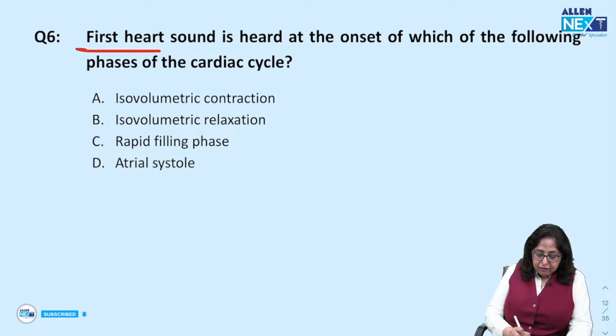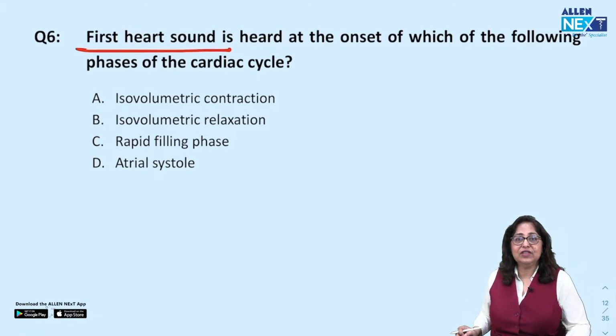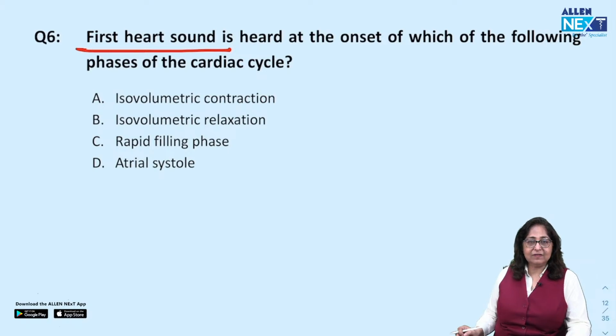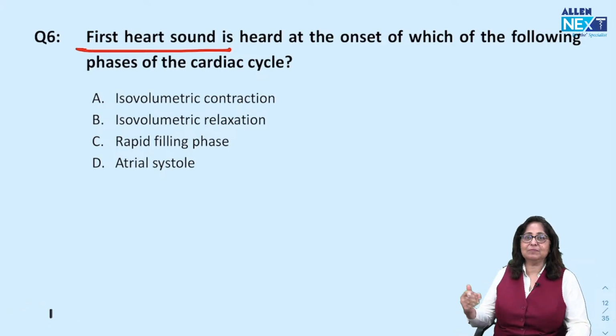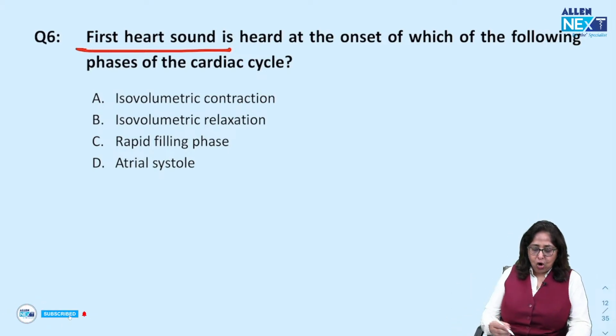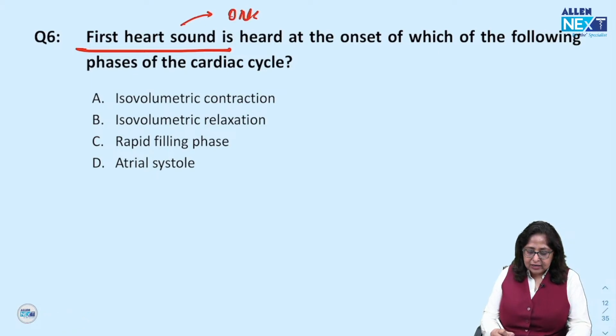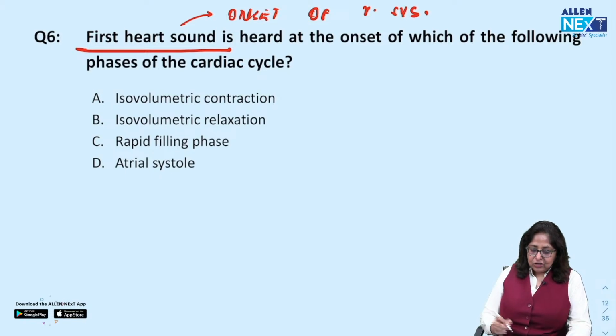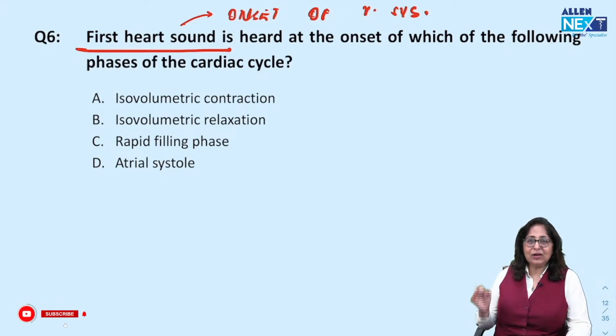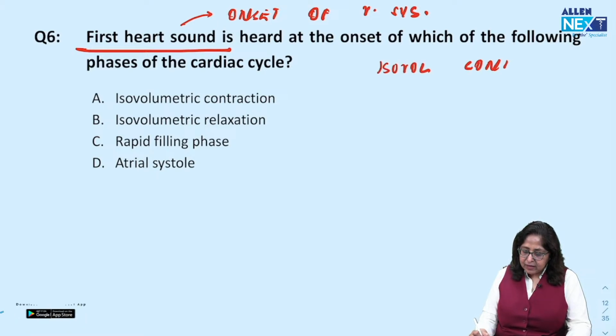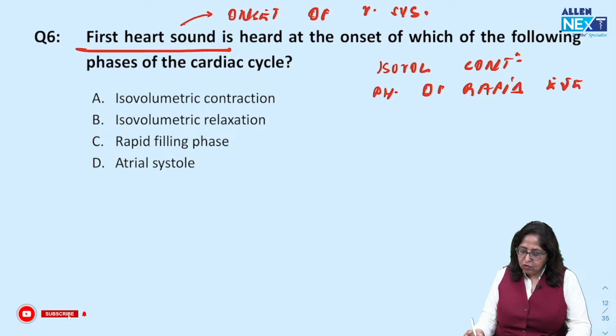Now, first heart sound is heard at the onset of which of the following phases of the cardiac cycle? Remember, first heart sound is due to closure of the atrioventricular valves: mitral valve on the left side, tricuspid valve on the right side. And this is the onset of ventricular systole, right? Ventricular systole has 3 phases: isovolumetric contraction phase, phase of rapid ejection, and phase of slow ejection.